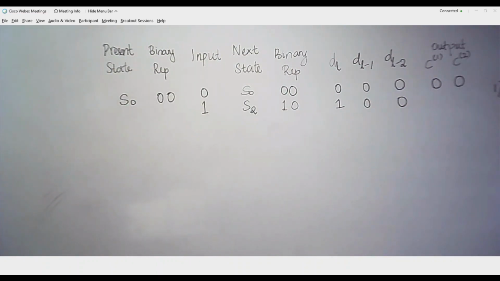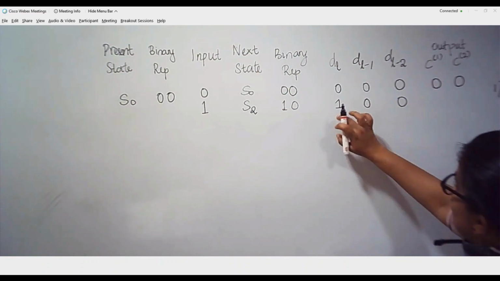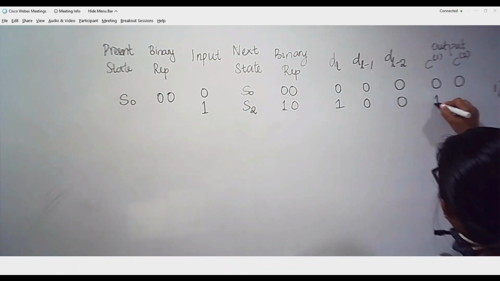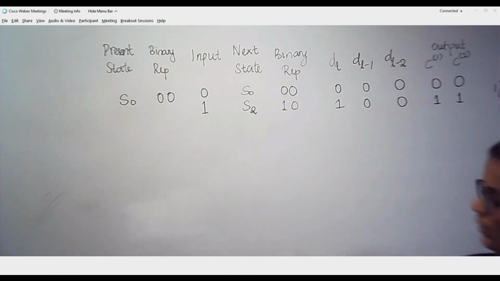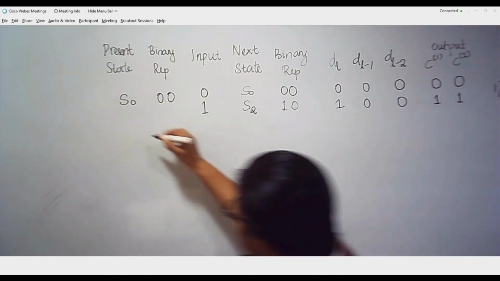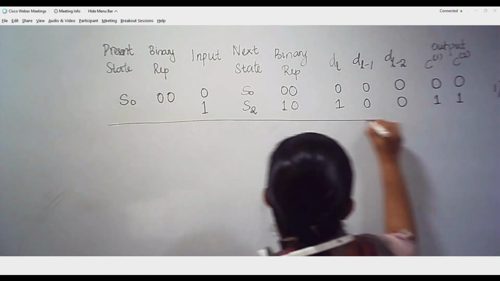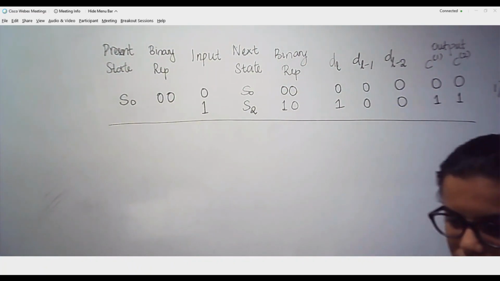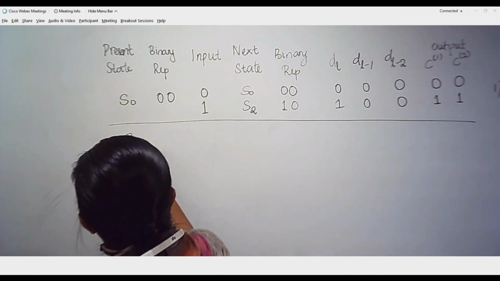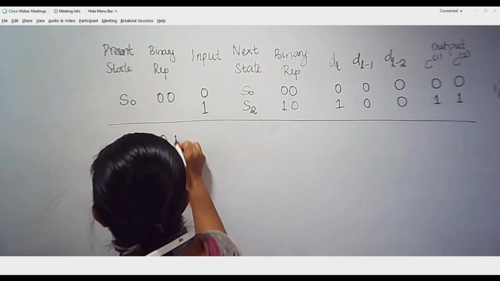The corresponding C1 and C2, since they depend on the bit DL, therefore the output is 1, 1. For this you need to observe the circuit diagram and you'll be able to understand. So this is it with respect to S0. Now I'll assume that the present state is S1, which is 0, 1.